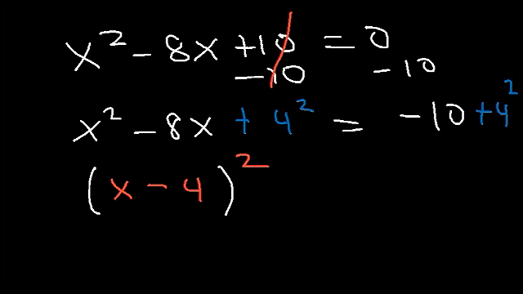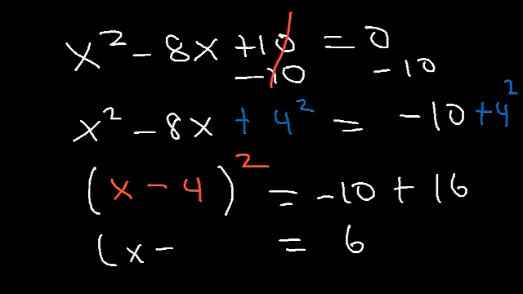You don't even have to think about it. 4 squared is 4 times 4, which is 16. And negative 10 plus 16 is the same as 16 minus 10. So that is equal to 6. So therefore, x minus 4 squared is equivalent to 6 in this particular problem.